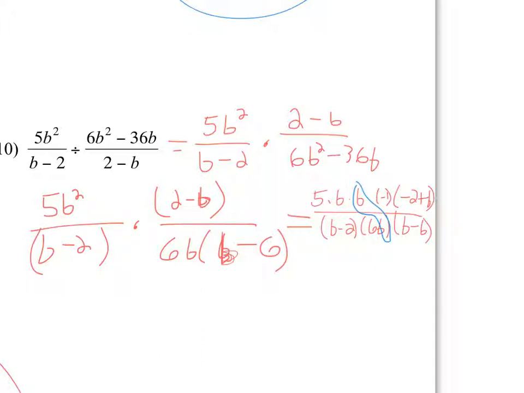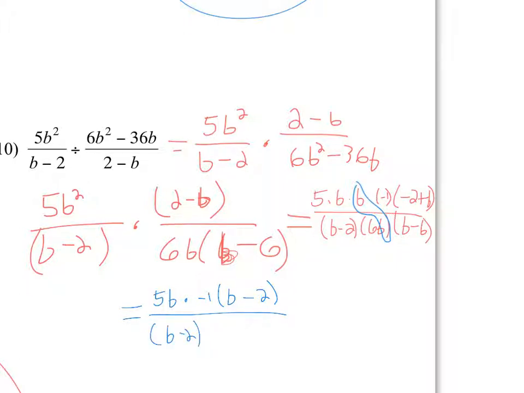Okay, so I'm rewriting it. That's all I'm doing at this stage. So this is equivalent to 5b times negative 1 times b minus 2, just reordered, all over b minus 2.